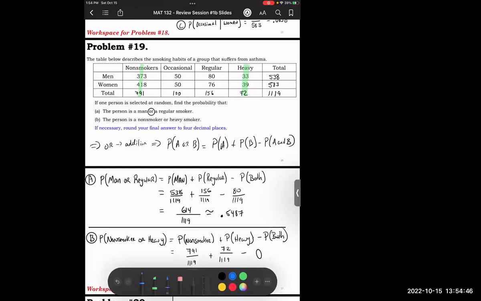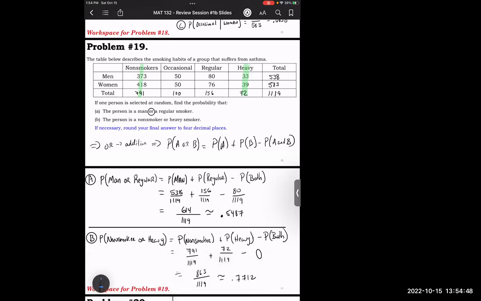I'm going to spend one more minute on this. There's a difference between part A and part B. If they have some sort of intersection, we call them not mutually exclusive. In other words, not mutually exclusive implies overlap, whatever they have in common.